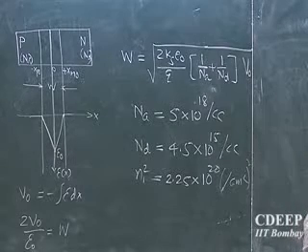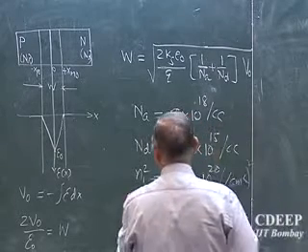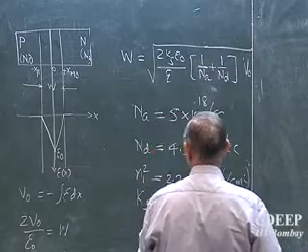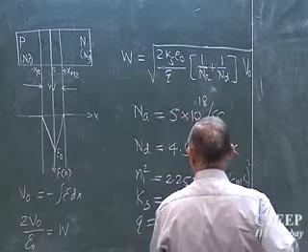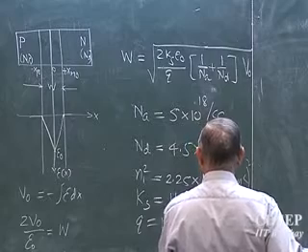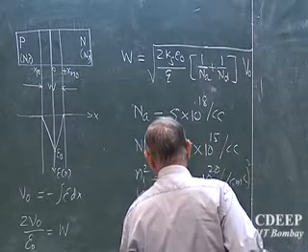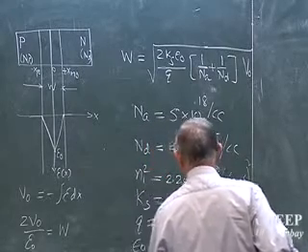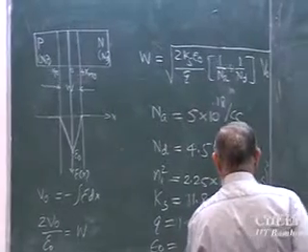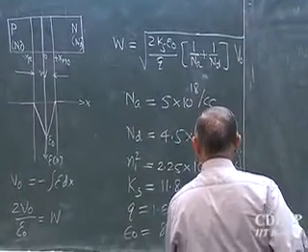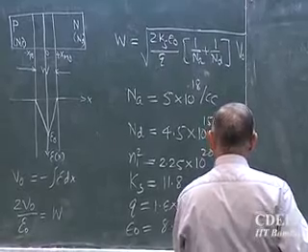Since I know all of it, I also know the dielectric constant of silicon, which is 11.8, q is 1.6 into 10 to the power minus 19, and epsilon 0 is 8.854 into 10 to the power minus 14 farad per cm.